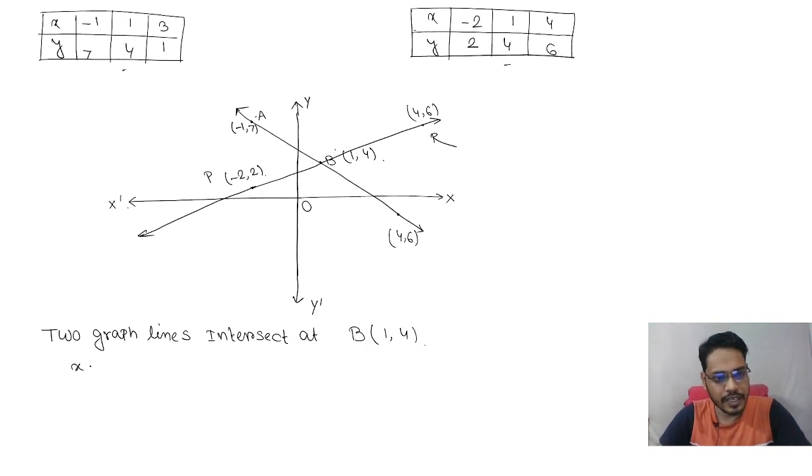That means here we can say x is 1 and y is 4. It is the solution. Suppose it is Q point. So it is the solution of the equation.